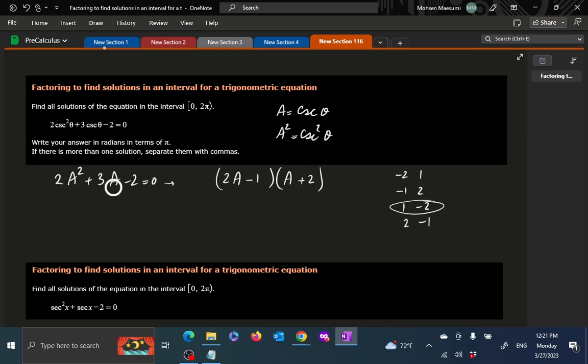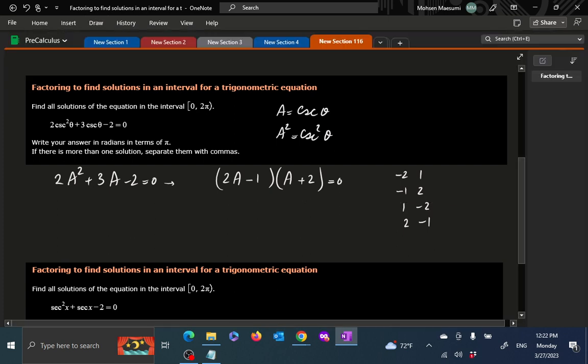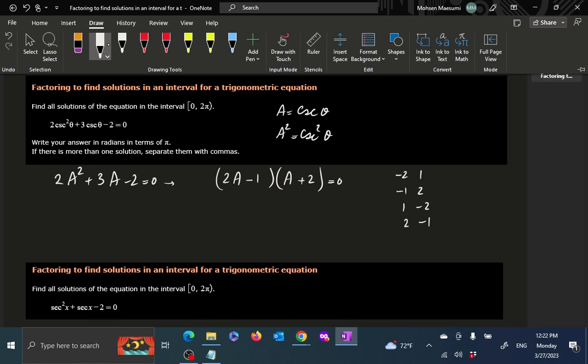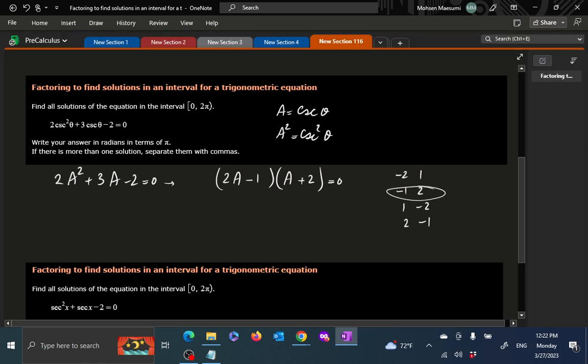That's going to give me my 3a. The product of these two is 0. So let me correct this one also. So the choices that we have here, out of these 4, this is the one that works for us.